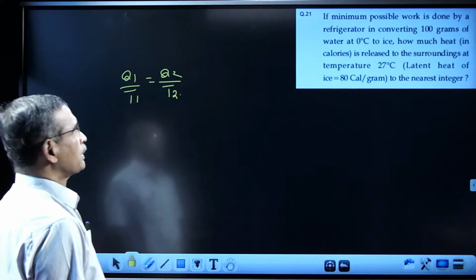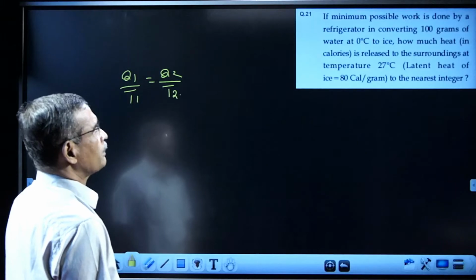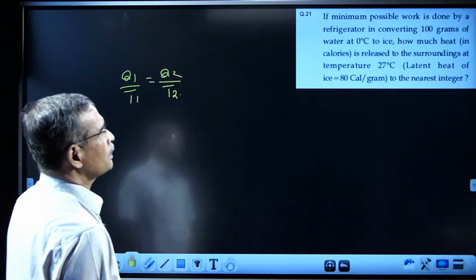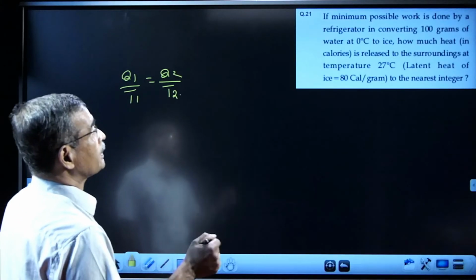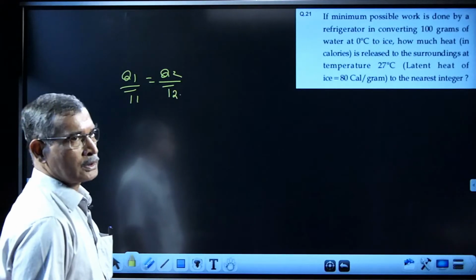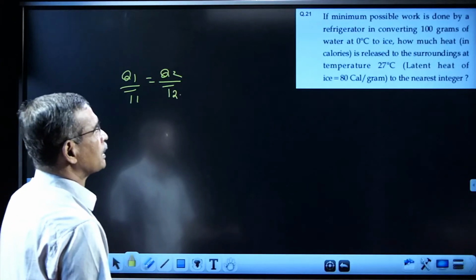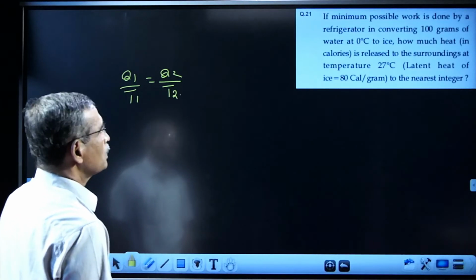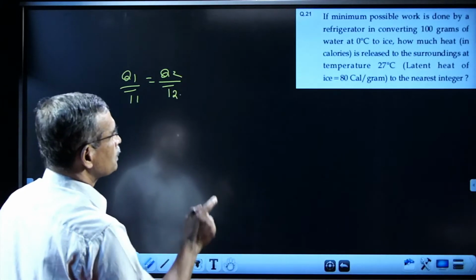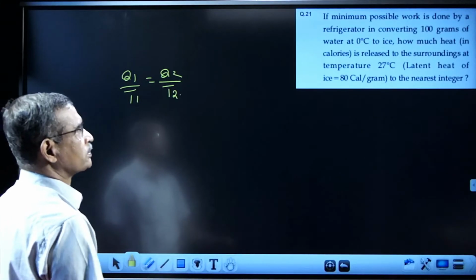Now, minimum possible work done. The data is the minimum possible work is done by a refrigerator in converting 100 grams of water at 0 degrees centigrade into ice.